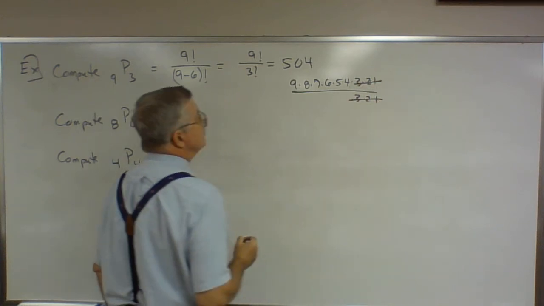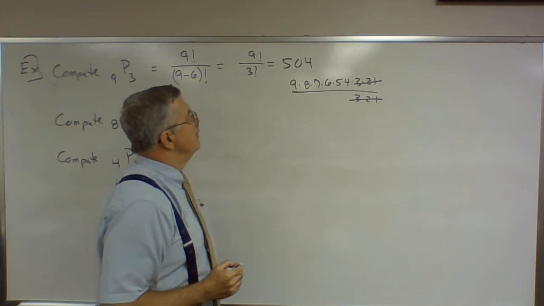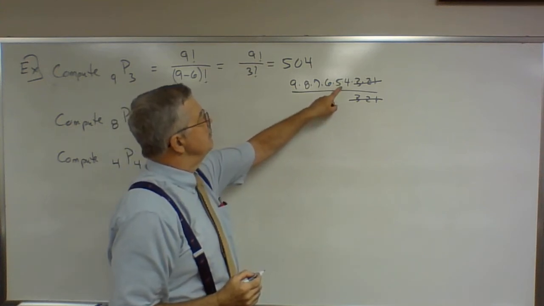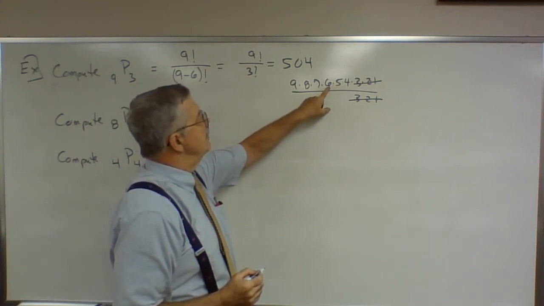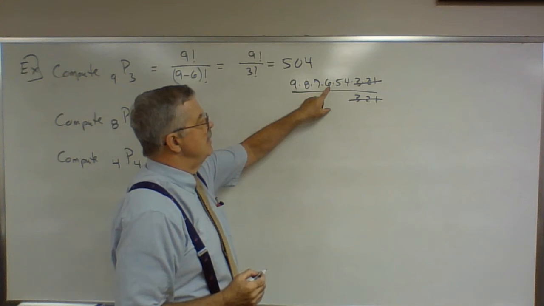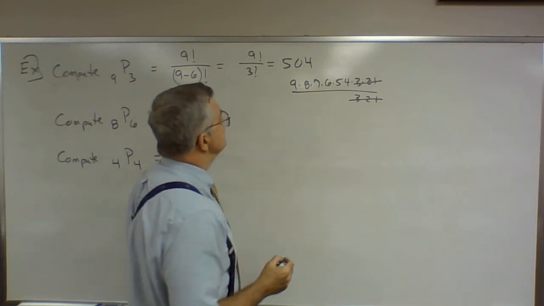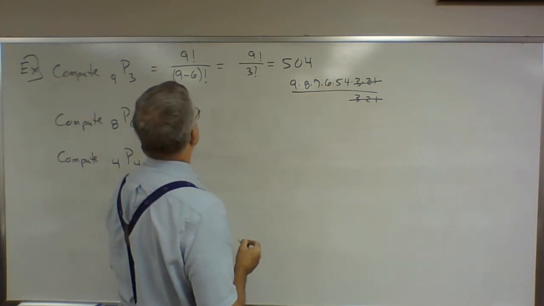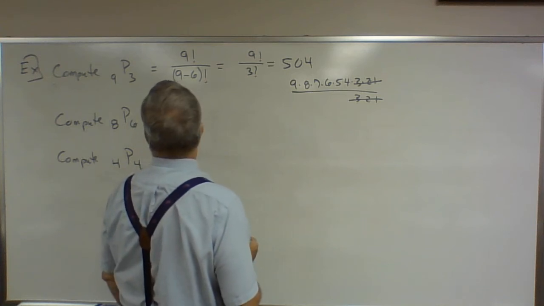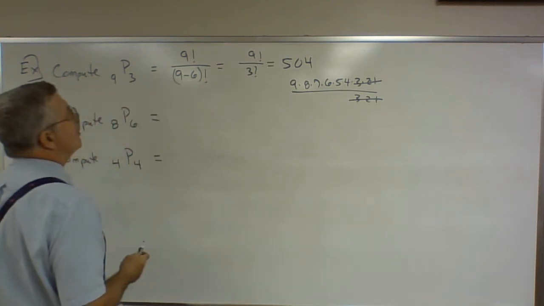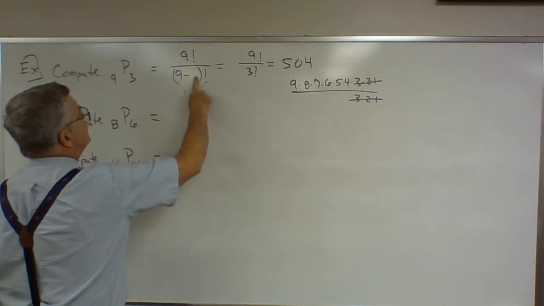Those cancel. See, 4 times 5 is 20, times 6 is 120, times 7, no. Oh. Never mind.